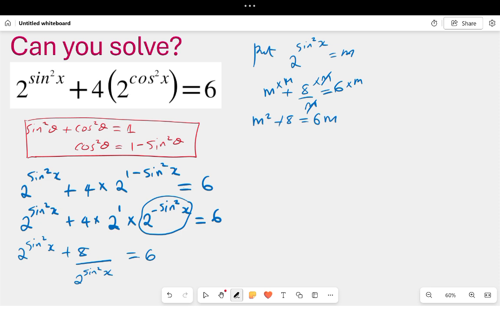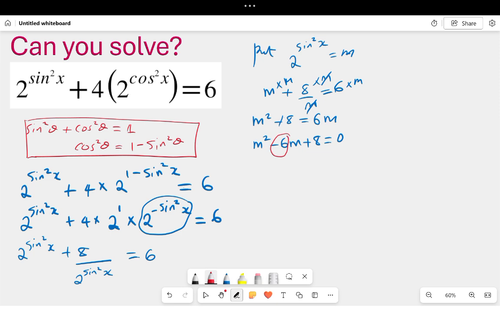Now, reorganizing this quadratic, we get m squared minus 6m plus 8 is equal to 0. This is a very simple quadratic equation, and we can solve this by factorization. So we need two numbers that when we add these two numbers, we are going to get negative 6.